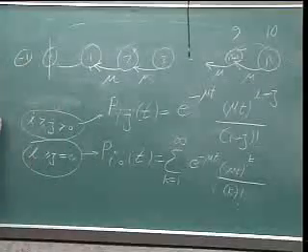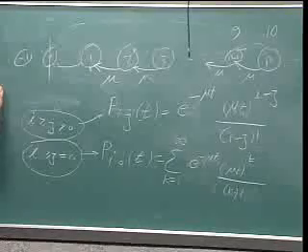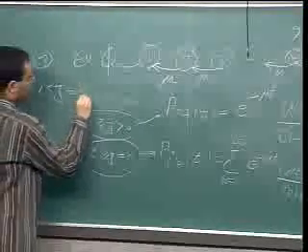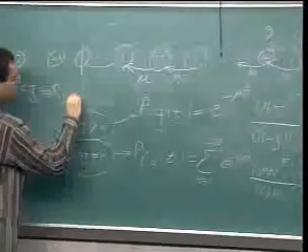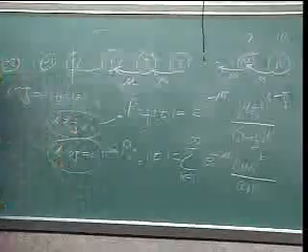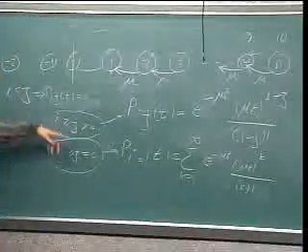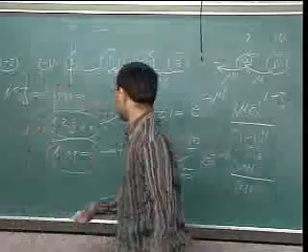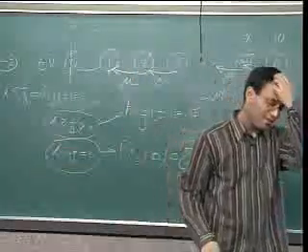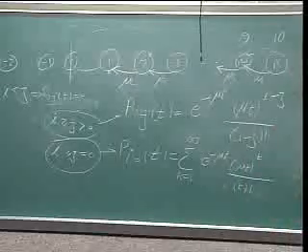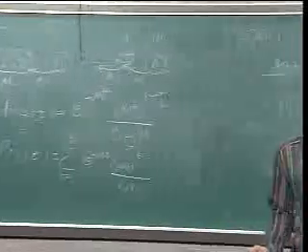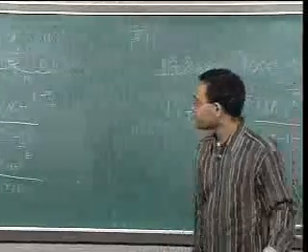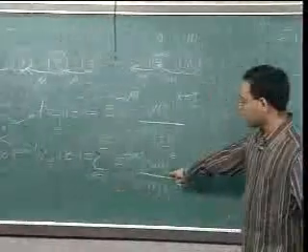And when I is less than j, P_ij(t) would be 0, because you cannot go backwards. So there would be all these three cases that you have to write down. Some of them are trivial, but remember not to forget these trivial cases too, because there is no restriction on j.